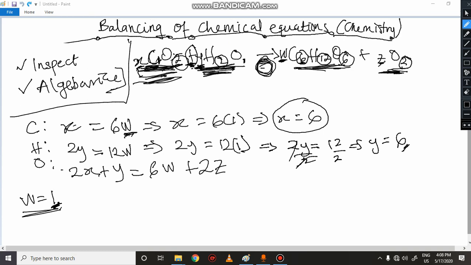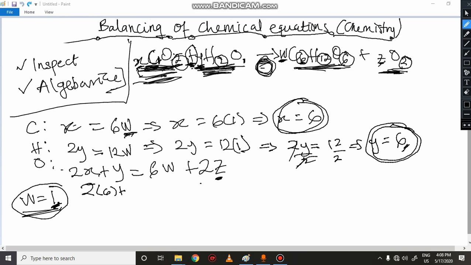Okay, so let's move to the last equation. Now we know W, we know x, and we know y. So inserting them into this equation, we get z. I hope this is clear. So we get 2 times x, so x is 6, plus y, which is also 6, equals 6 times W, which is 1, plus 2z. Okay, so 2 times 6 is 12. 12 plus 6 is 18.